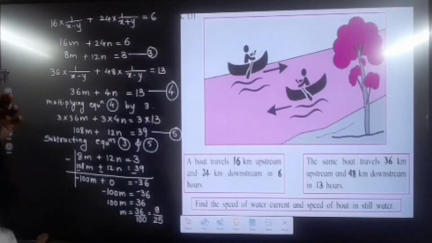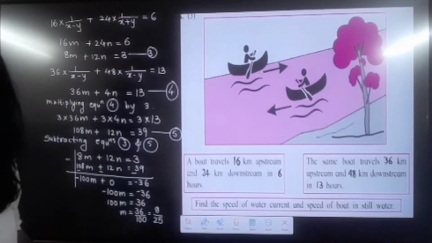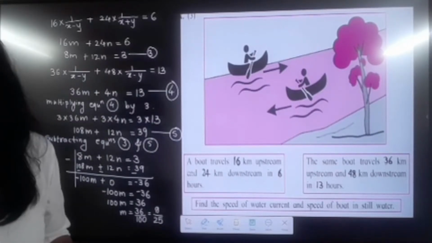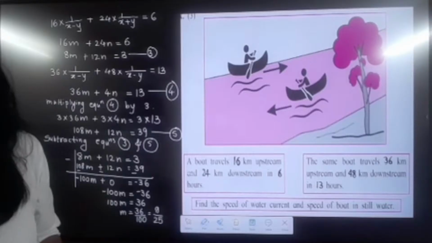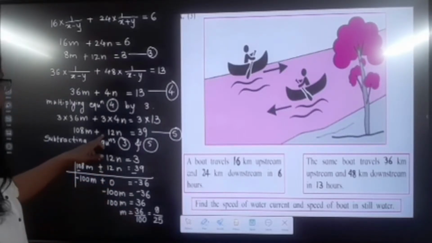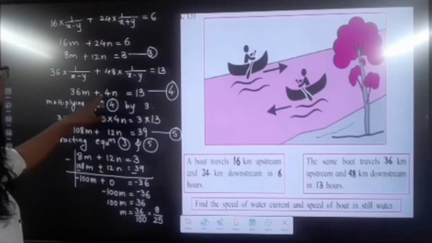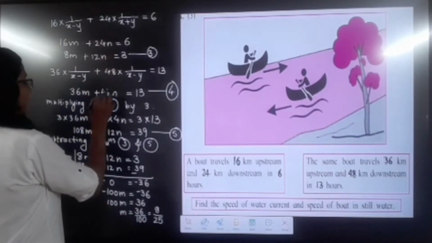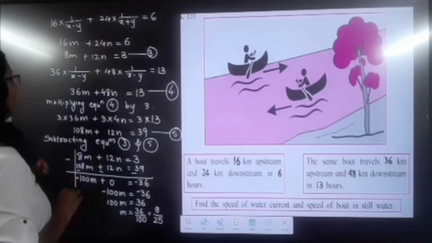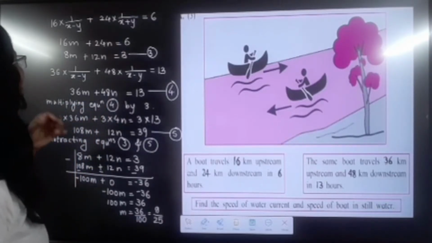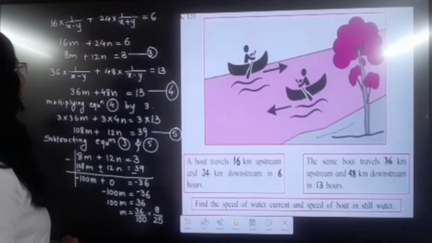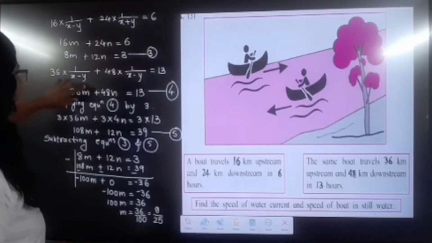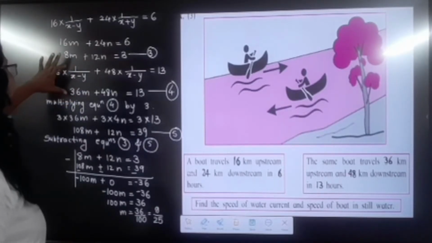The right one is 36m plus 4n, 36n plus 48n. Yes, students, there is a mistake because here is a 12n, here is a 48n.